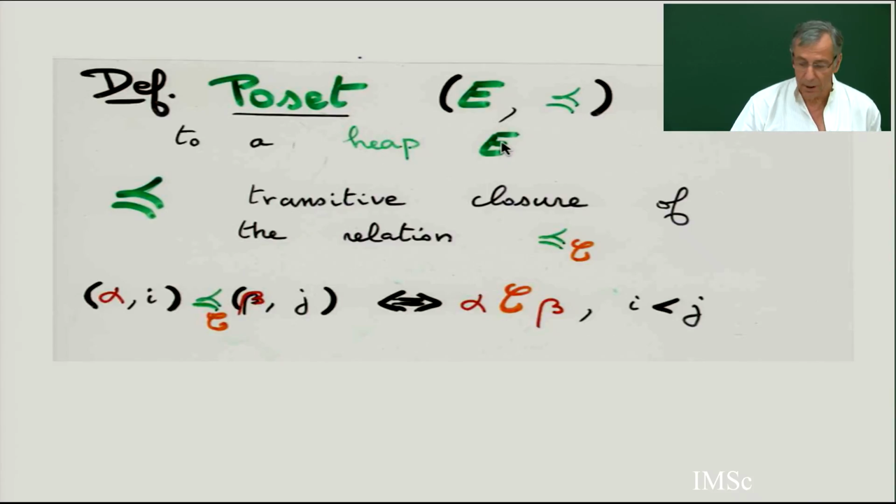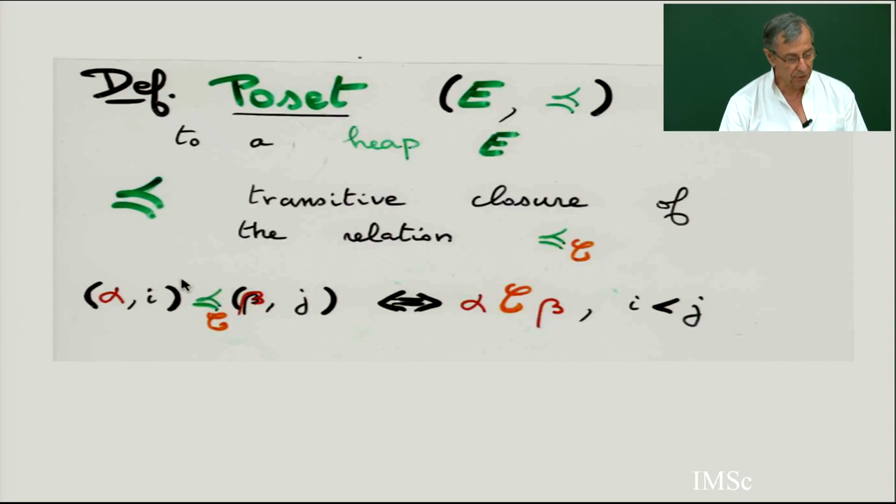So, the poset associated to a heap. You take the heap as a set, and I define the order relation as follows. The order relation of the poset is defined as the transitive closure of a certain relation. This relation is the following.